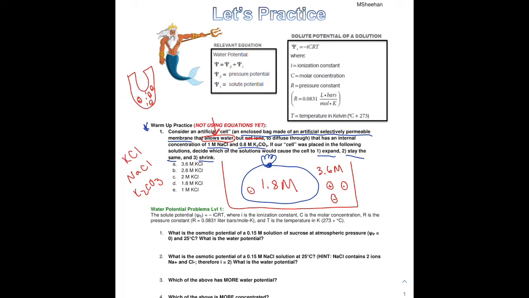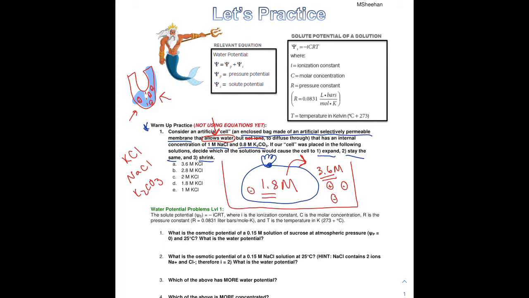So the water will actually move to give you something that looks a little more like this, because it's trying to dilute this concentration of solutes so that the concentrations are about equal on both sides. So this tells us that the inside has a lesser solute concentration than out here, so the water will move out of our bag.